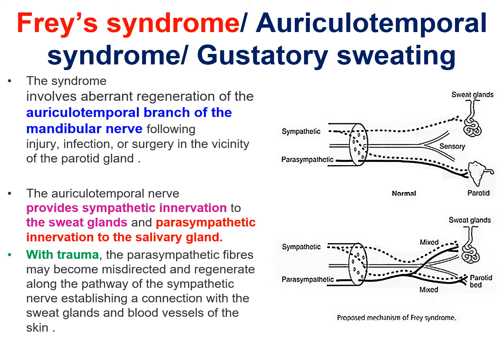Thus, instead of saliva production, sweating and flushing occurs with a gustatory stimulus. Damage to the ganglions within the cervical sympathetic chain may also cause auriculotemporal syndrome.